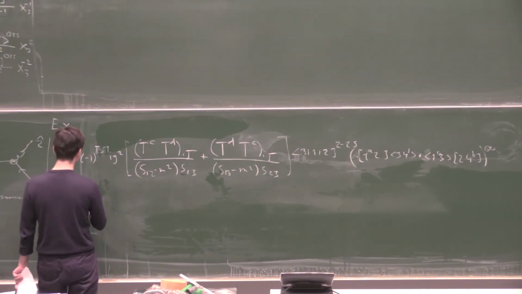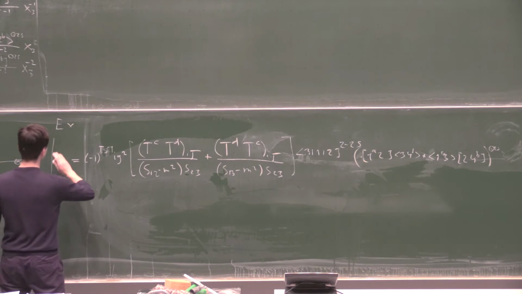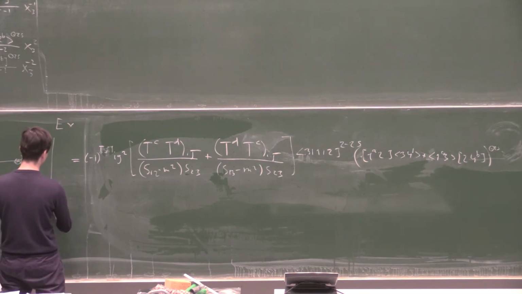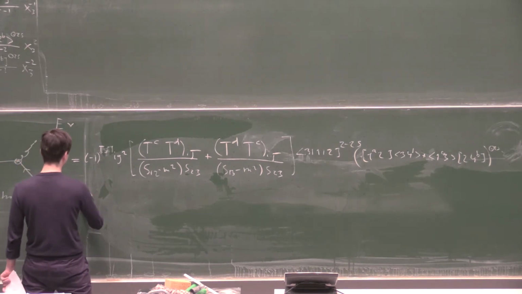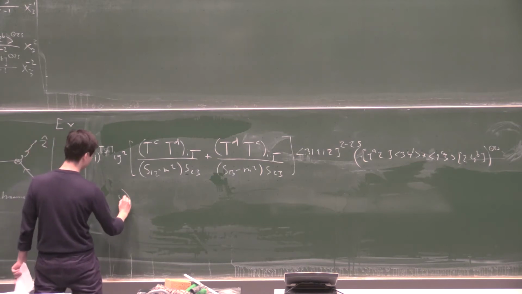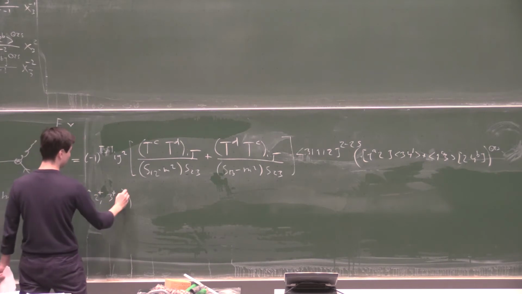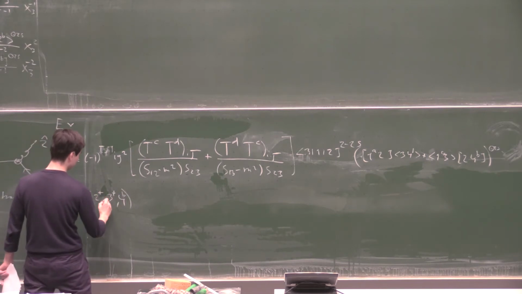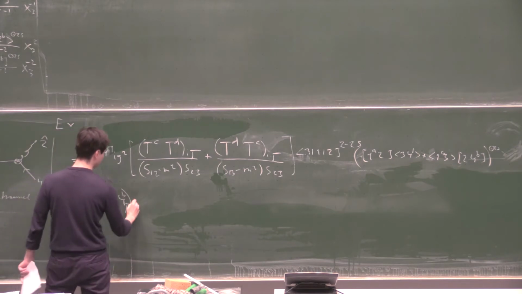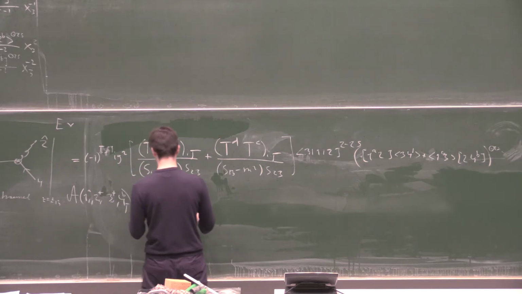And just in the same way, you can compute the other amplitude, 1, 4, 2, 3 with pluses here, maybe C, D, I, J, and it becomes minus 1. It looks very similar.